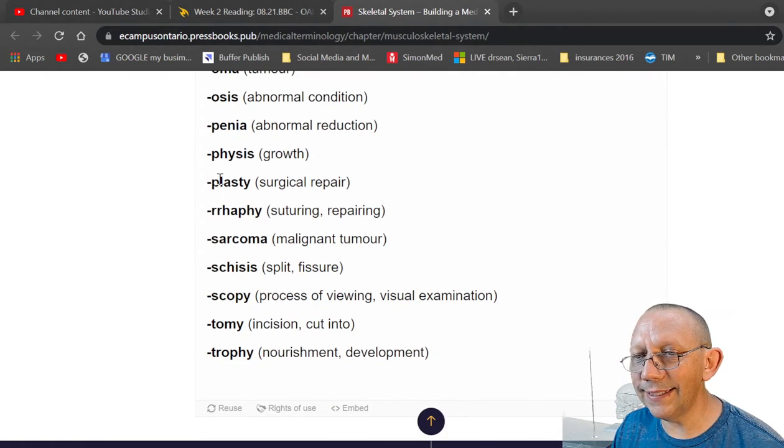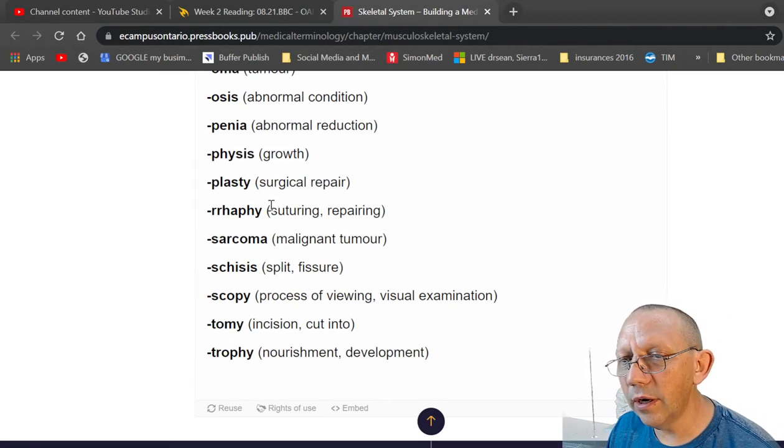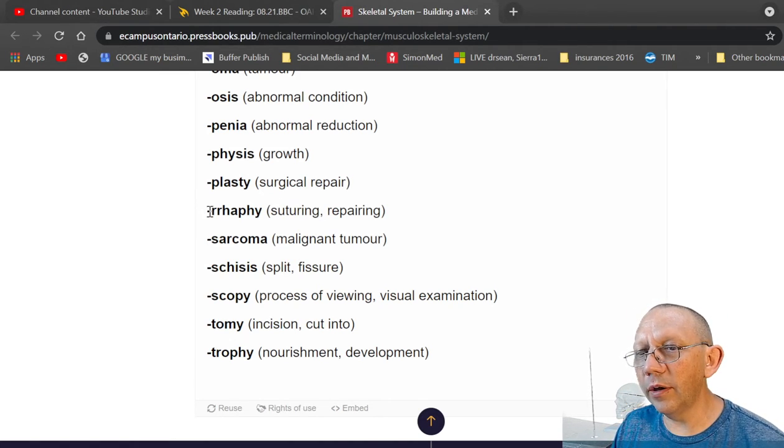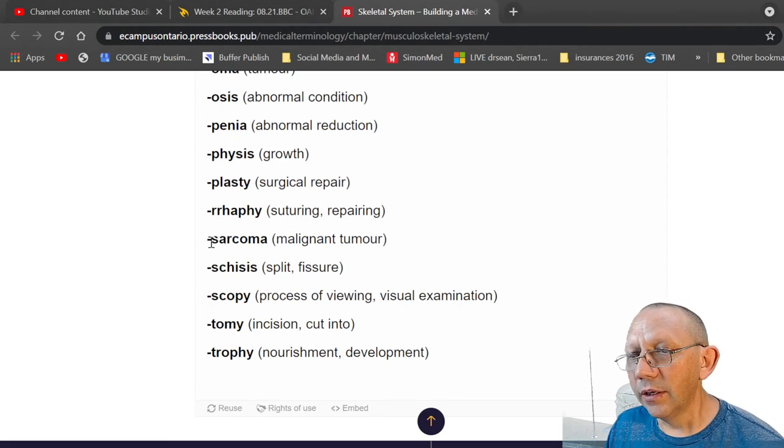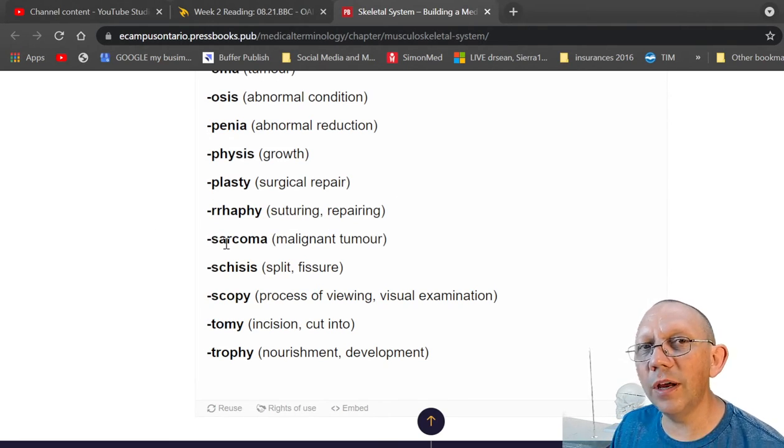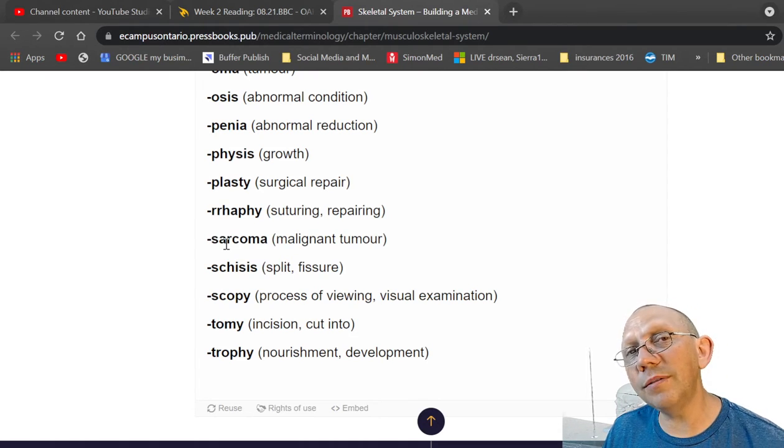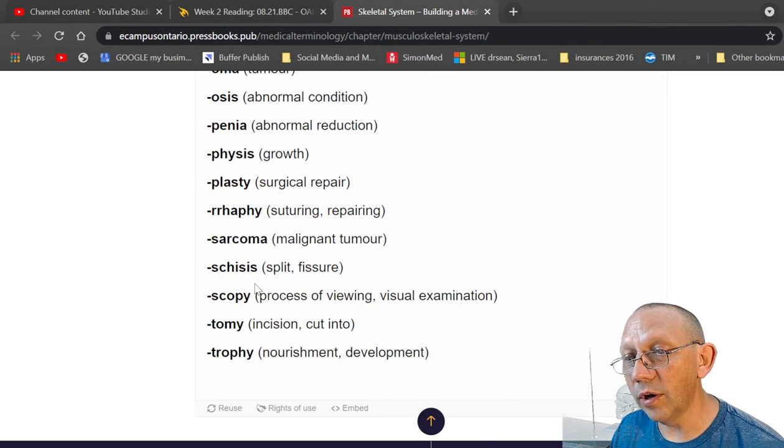Physis, growth, osteoplasty. That's what it really is right there. Raphe, suturing, repairing. You'll get words on there. I can't think of any right now. Sarcoma, malignant tumor of the sarco. Sarco usually means like connective tissue, so some kind of malignant connective tissue disorder.